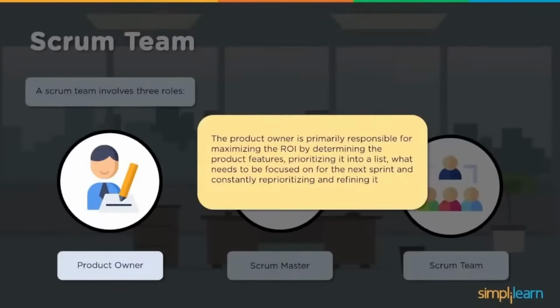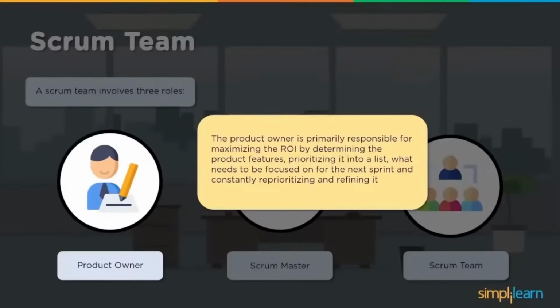Now why does this need to be done? Maximizing ROI means the product owner should closely work with the business and have insight into what the business requires, what the customer requires, and how it helps the customer accomplish that result, so that it helps justify the investment they are making in the product's features and functionalities. Then, speaking about reprioritizing and refining, it depends on what features need to be delivered in what order.